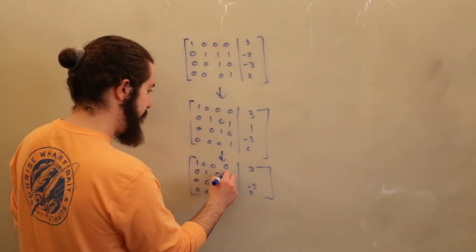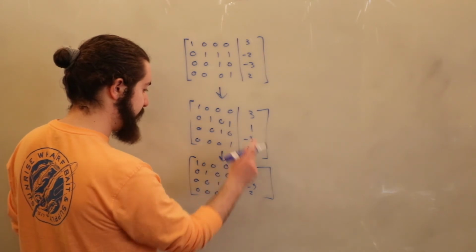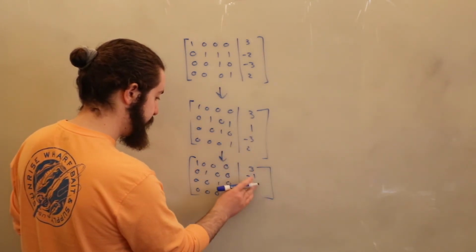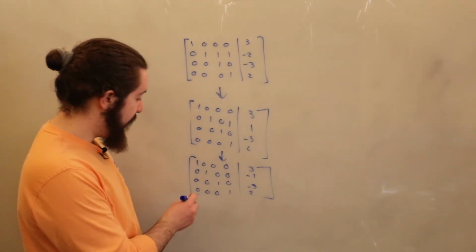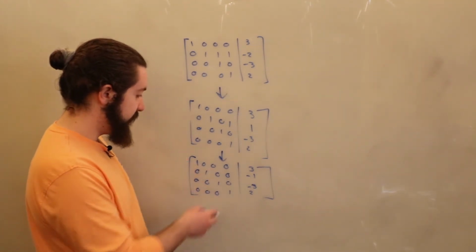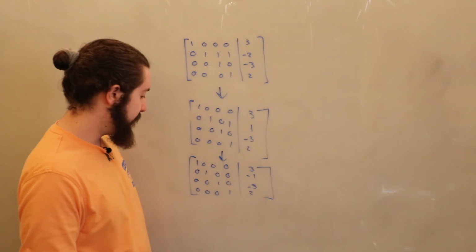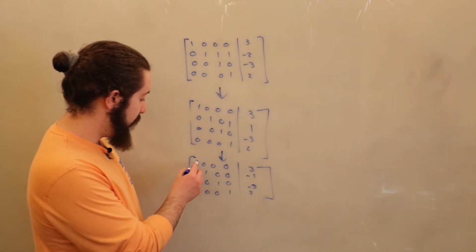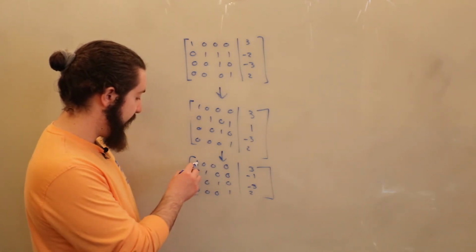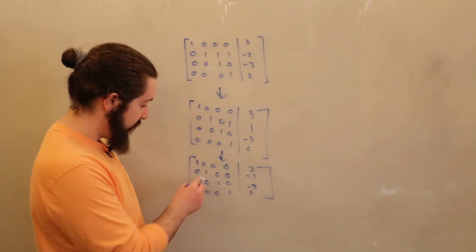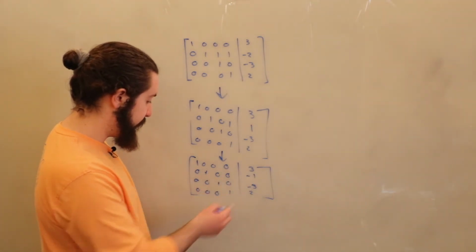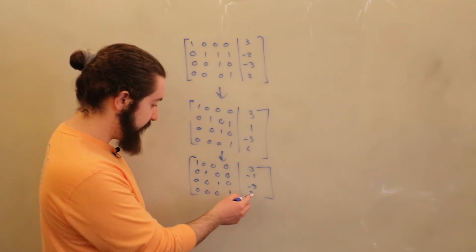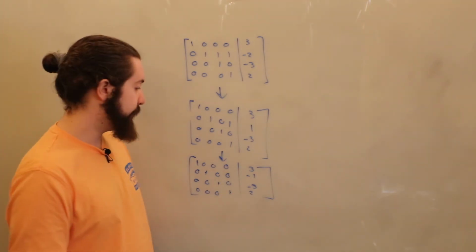We'll get a 0 there, and we'll get negative 2 plus 1 is negative 1. Right? And now, this is as simple as our system can get. And notice that we have a 1 in each position, representing A0 is equal to 3, A1 is equal to negative 1, A2 is equal to negative 3, and A3 is equal to positive 2.